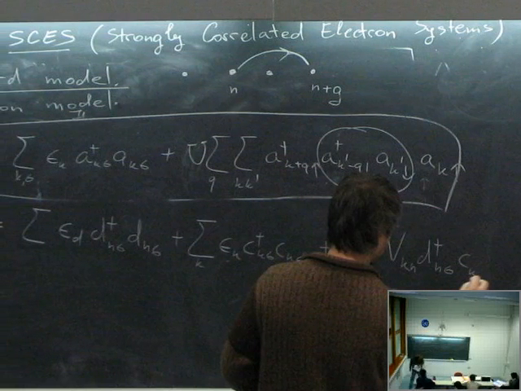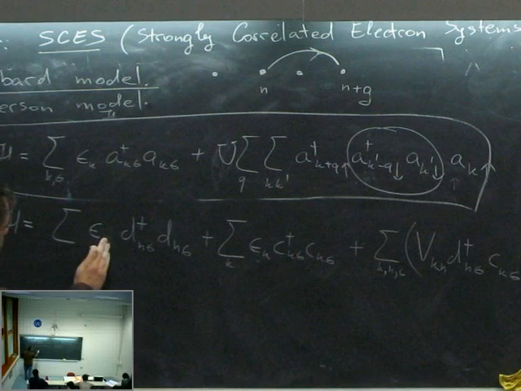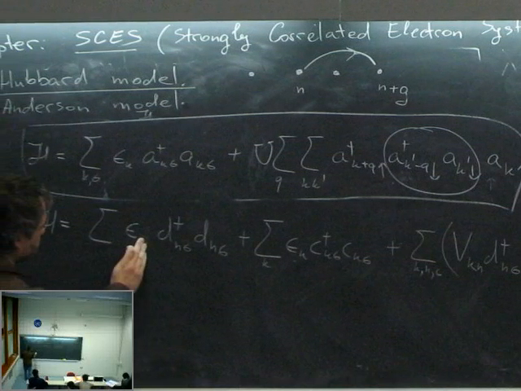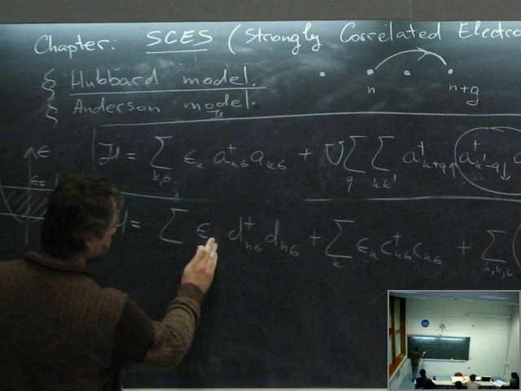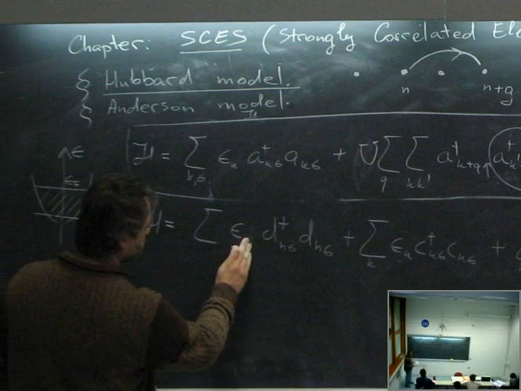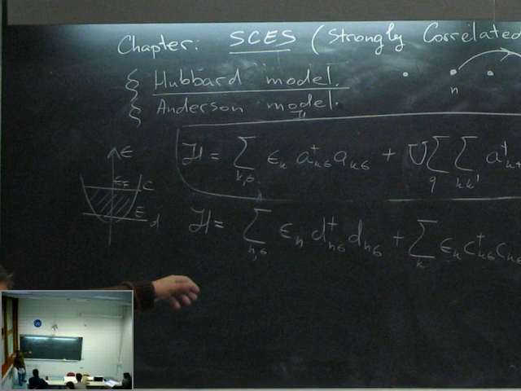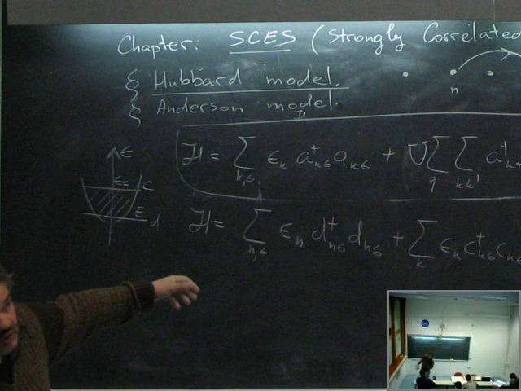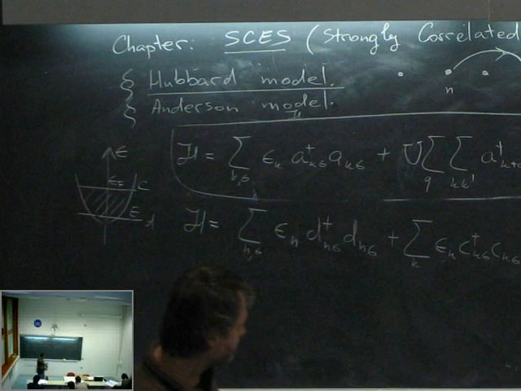So what is written here is the possibility of conversion of an electron being far below the Fermi surface to a c electron, so a kind of hybridization between c and d electrons. The electron from the orbital can go to the Fermi surface and the other way around. So this is the Anderson model.